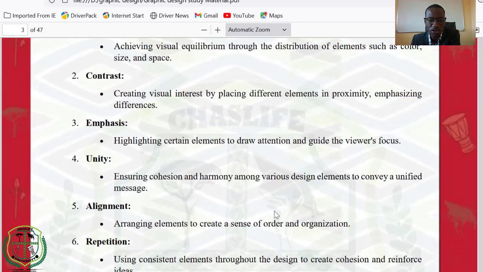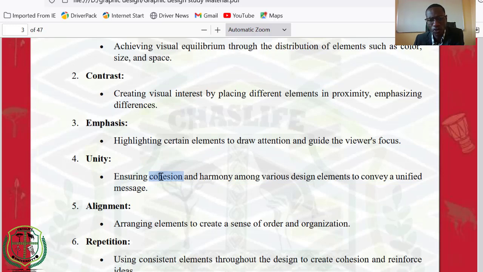Then there's a sense of unity. There's supposed to be unity. So here we are talking about ensuring cohesion and harmony among various design elements to convey a unified message. For example, imagine if this word "ensuring" started with a small letter, then went to a capital letter, the other one is a small letter, and this other word is a different font.